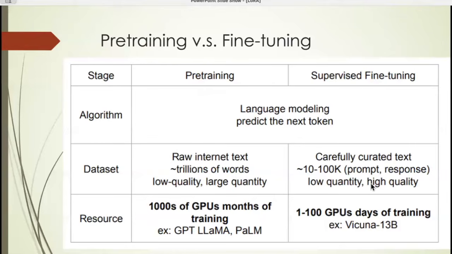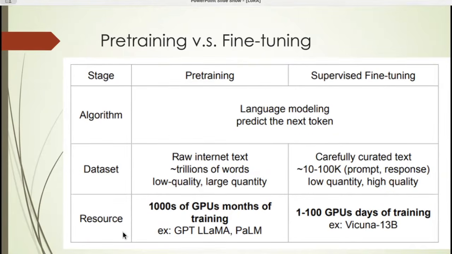On the fine-tuning side, it is more of a carefully curated text, usually coming as a pair of prompt and response. This usually comes in low quantity because you need these pairs of instruction and response, kind of like a labeled data set. But it usually guarantees high quality for the model training.